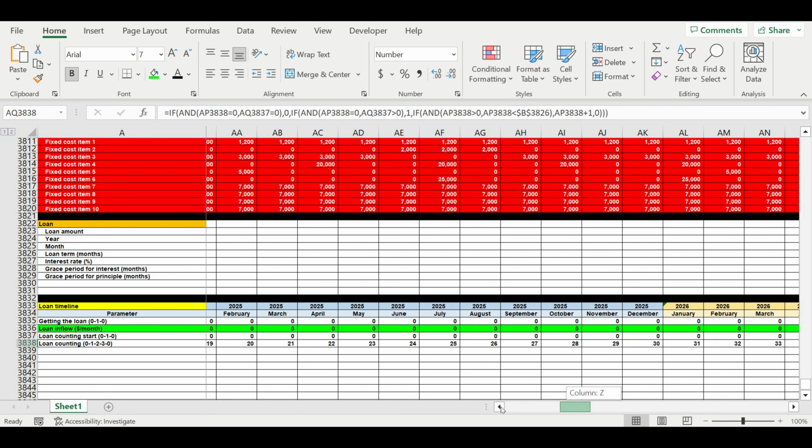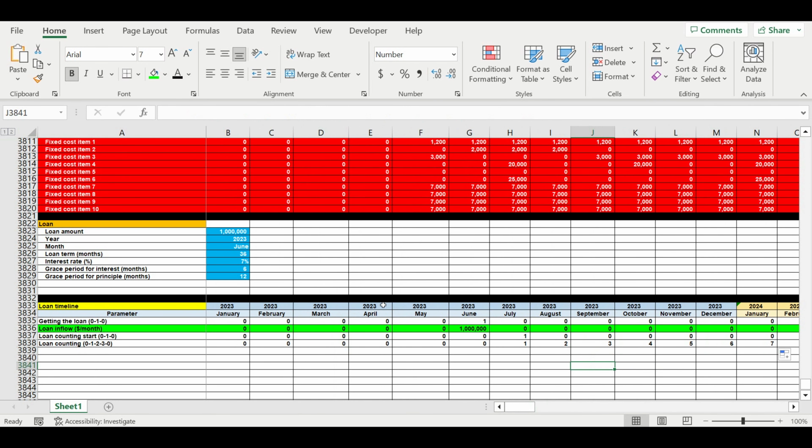The next step is to work out the principal payment. First we need the amount of principal payments, which will be the term of loan minus the grace period for the principal. So we have 24 months of principal payments.